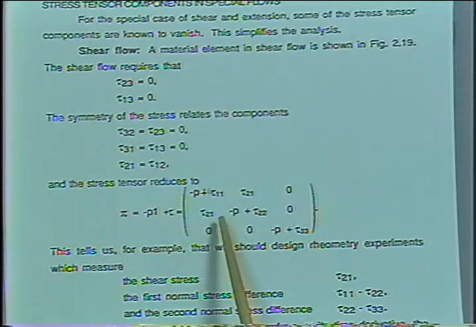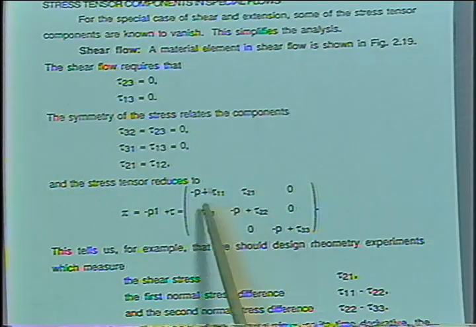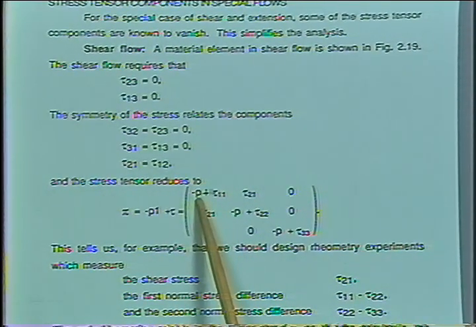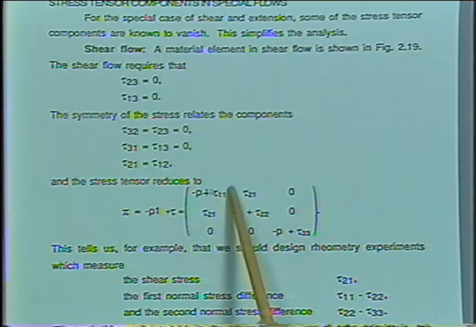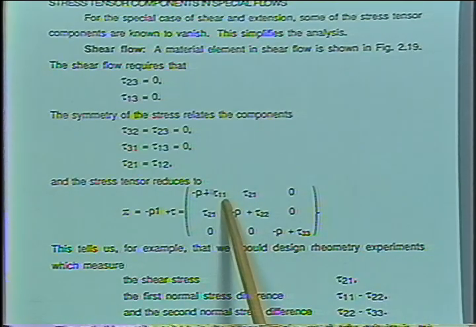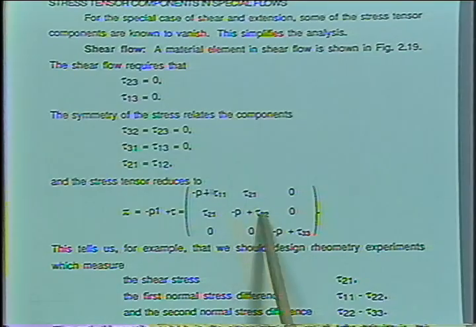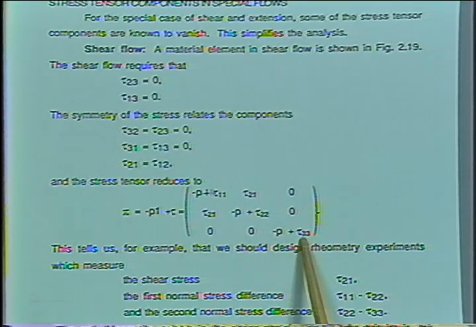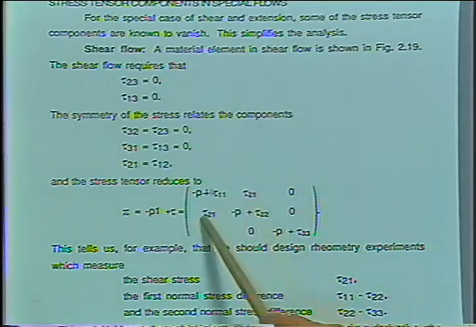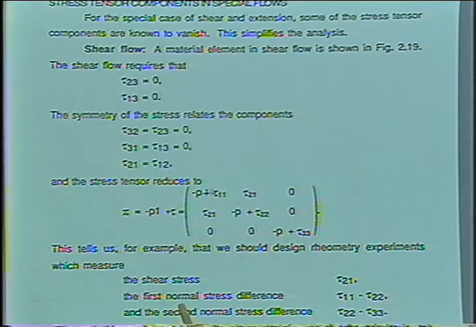And you can see that we're already decomposing the stress. We have minus the pressure, local pressure, plus the normal stress in one direction, similar term in two directions, similar term in three directions, and then we have the shear stresses associated with that specific choice of coordinate system. So the shear coordinate system is not a principal coordinate system.